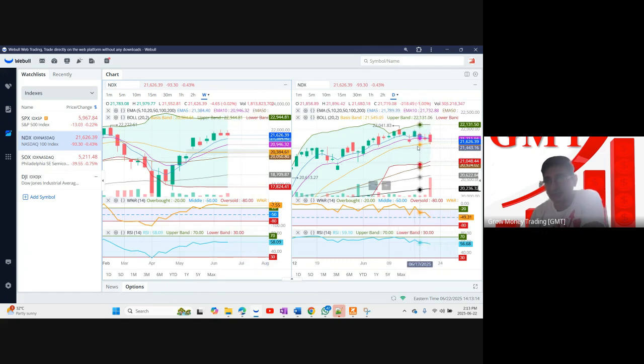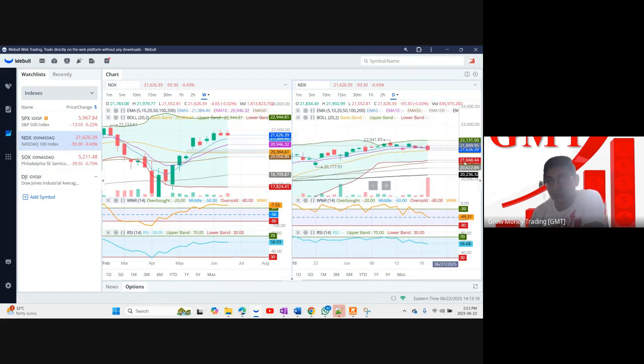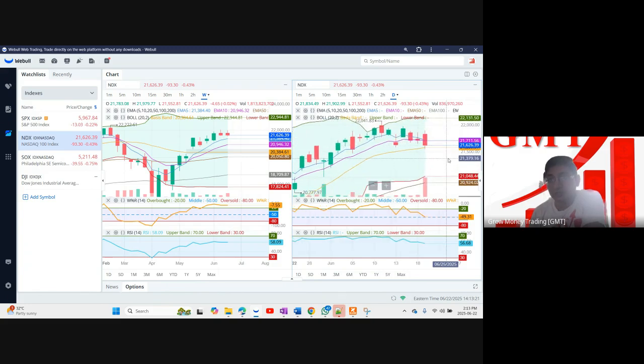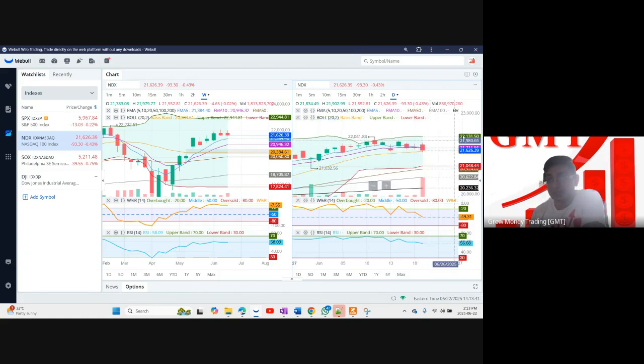If we look on the daily chart clearly, I will just zoom in for everyone. If you look at the body of this candle on Thursday, it's completely covered by the body of the candle on Friday, which we call in technical terms, this candle has engulfed, and it's a red candle indicating a bearish pattern.